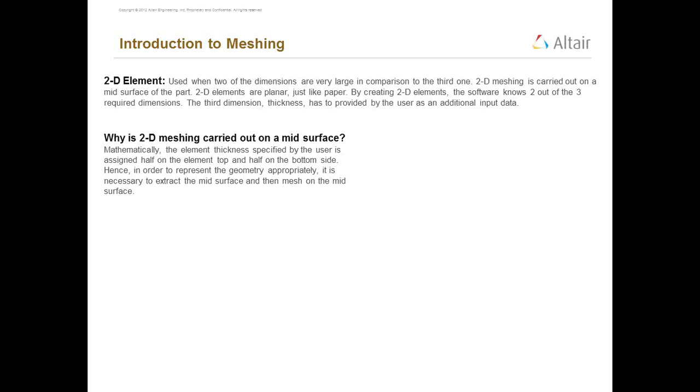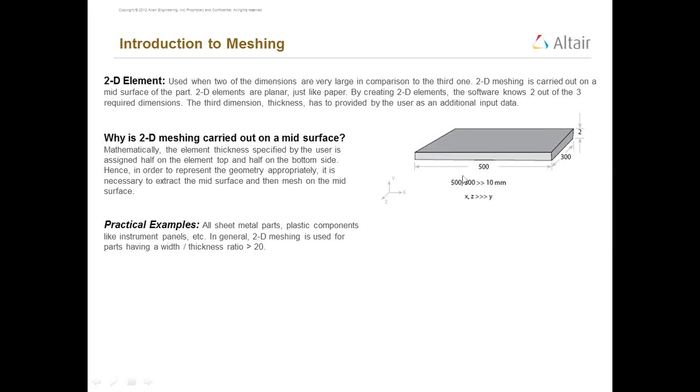Hence, in order to represent the geometry appropriately, it is necessary to extract the mid surface and then mesh on the mid surface. Practical examples are all sheet metal parts, plastic components like instrument panels, etc. In general, 2D meshing is used for parts having a width to thickness ratio greater than 20. If the width to thickness ratio is greater than 20, we use 2D elements.